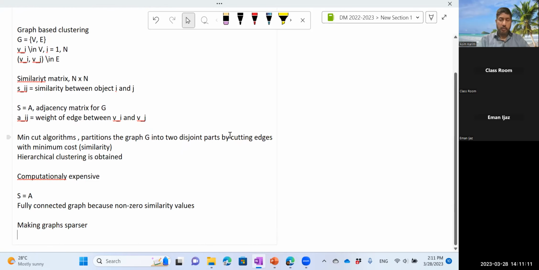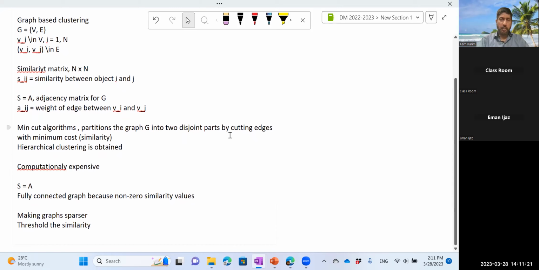So the first technique is basically thresholding the similarity. Let's say you can say that, okay, if similarity is less than, let's say, 0.2, then remove the edge.